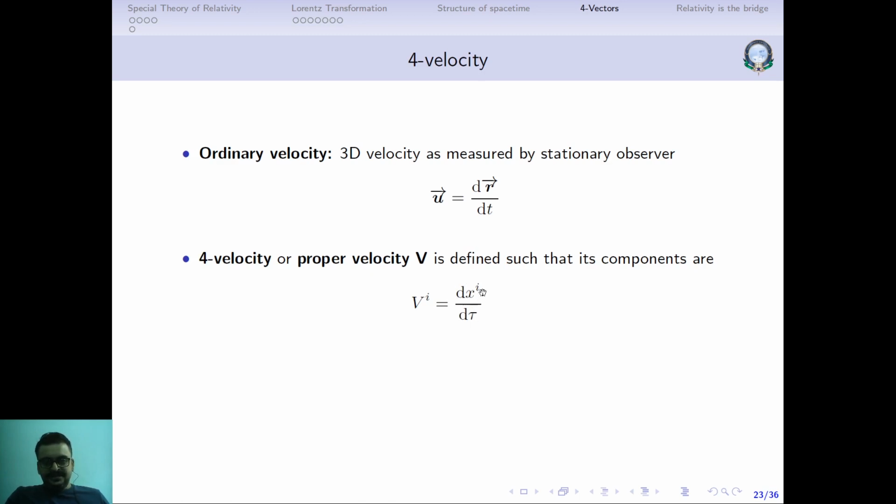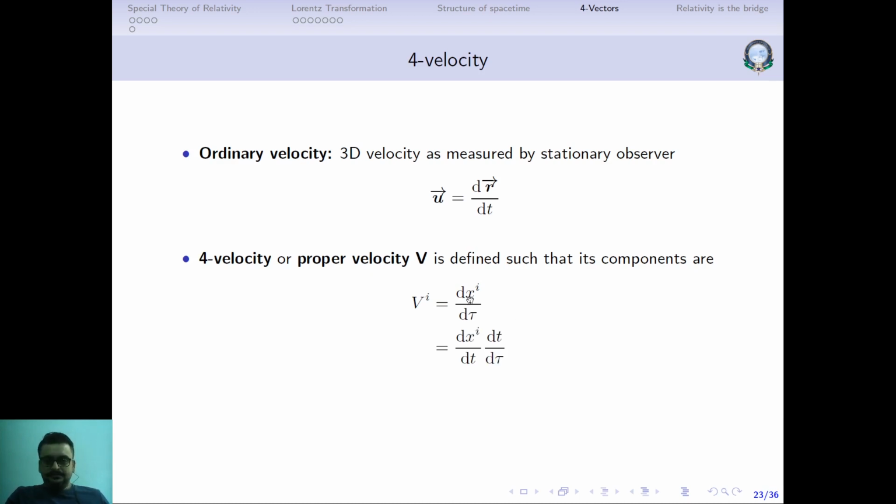So this is what is measured by the stationary observer, and this time is what is measured by the moving observer, the moving object which is under observation. So in the numerator is what is measured by a particular observer, and this is the time that is carried by the moving object. So it's the observed displacement divided by the proper time. That is basically the proper velocity.